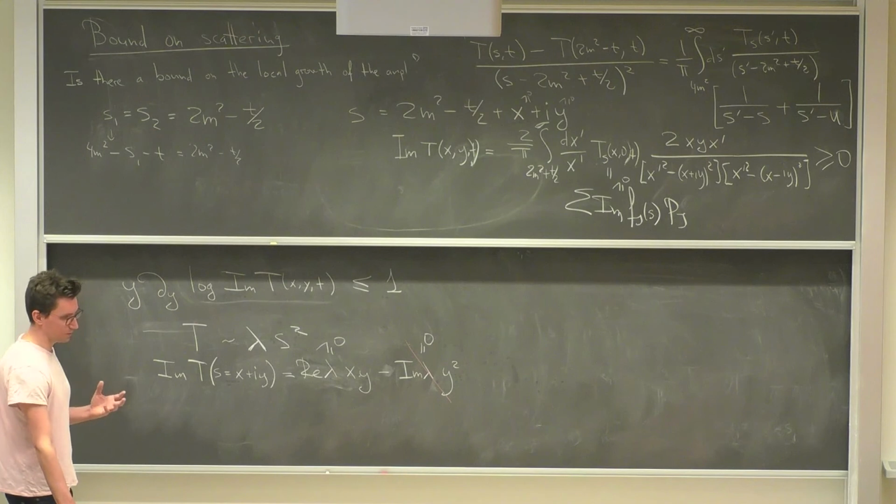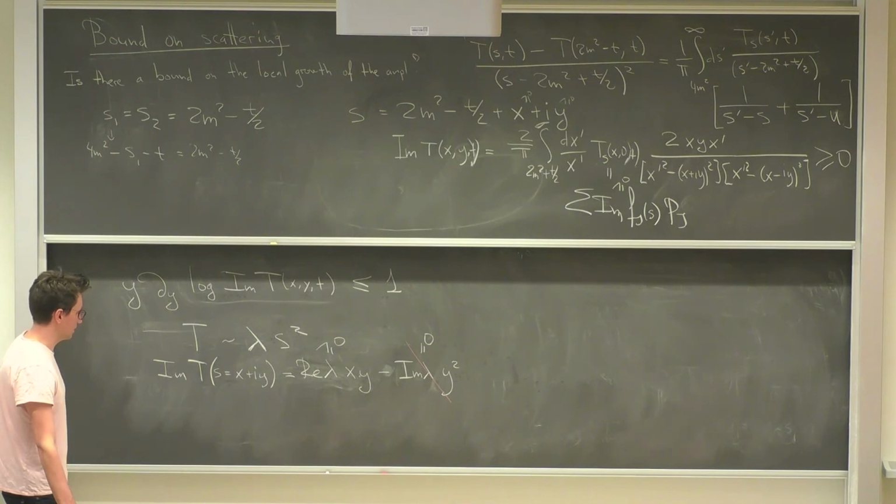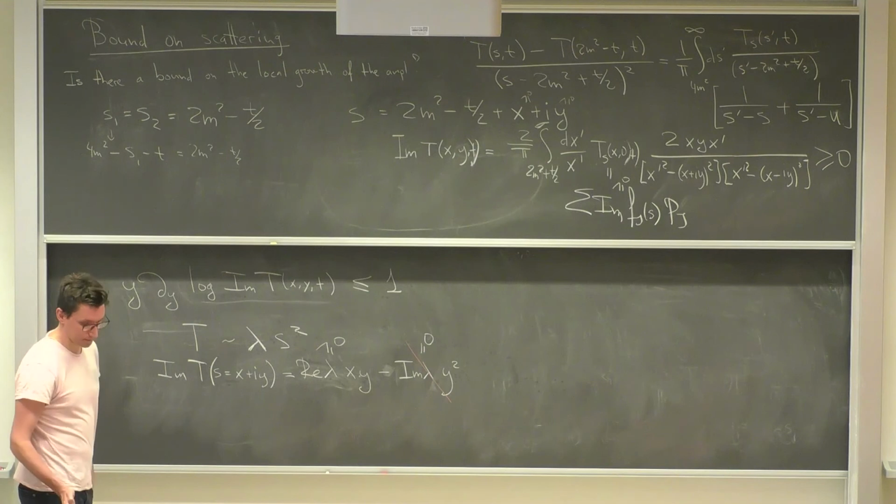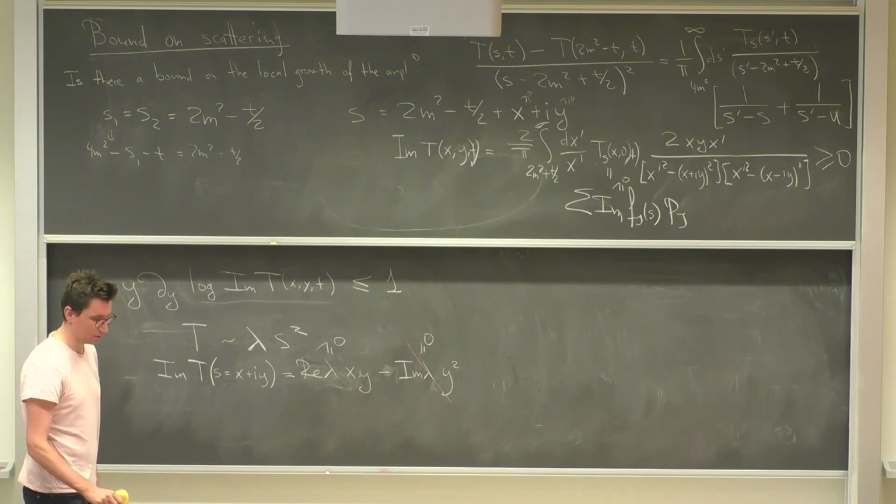S does not have to be small. So we can take S to be quite large, but not too large. We can take it at some intermediate energies. So that's why it might be useful.